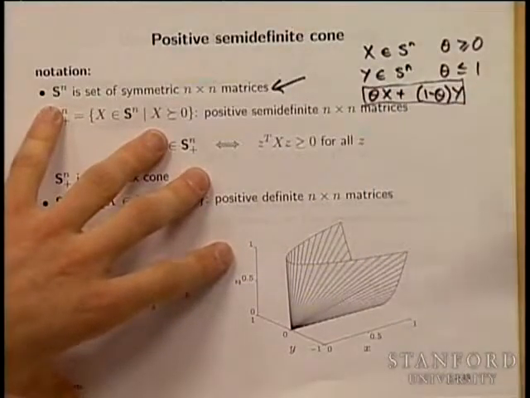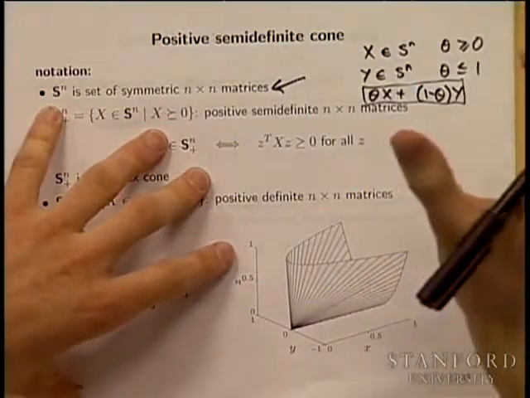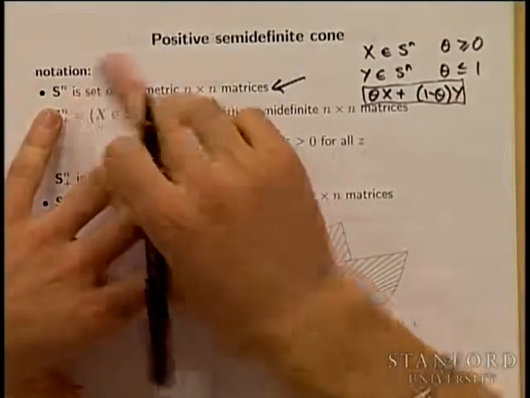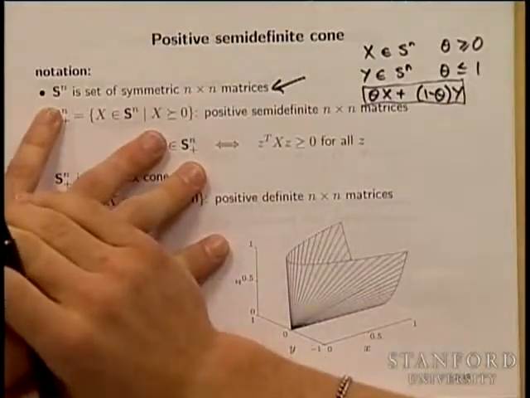And is that true for a symmetric matrix? If you take a sum of symmetric matrices, is it still symmetric? Yes, it is. So that means that this is a convex set. Yeah. Is it in fact affine?